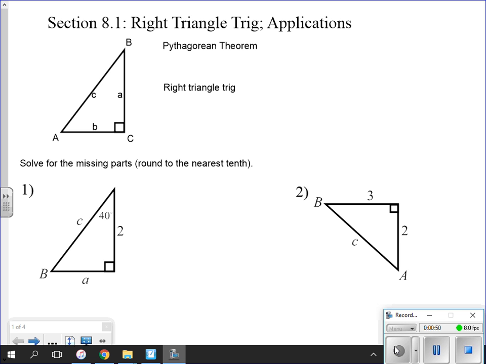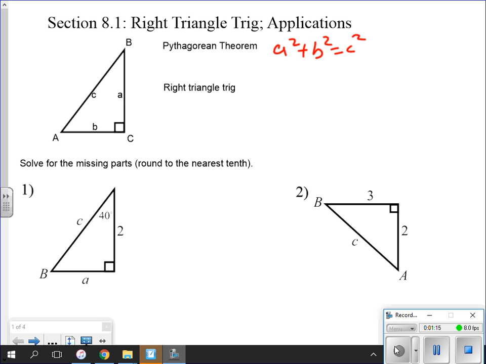Now, there are a couple of things we need to know for right triangles. Two things you need to know. One, the Pythagorean theorem, a squared plus b squared equals c squared. And it's not always the two numbers you have squared equals the number you don't have.